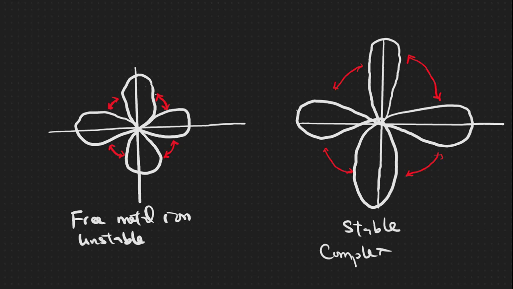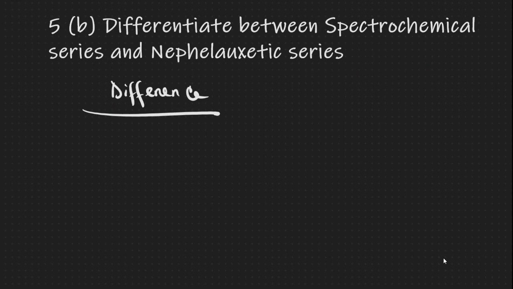Then what is the difference between the spectrochemical series and the Nephelauxetic series? Now, the key difference is that the metals in the spectrochemical series are arranged in order of ligand splitting value, while the metal ions in the Nephelauxetic series are arranged in increasing order of Nephelauxetic effect.